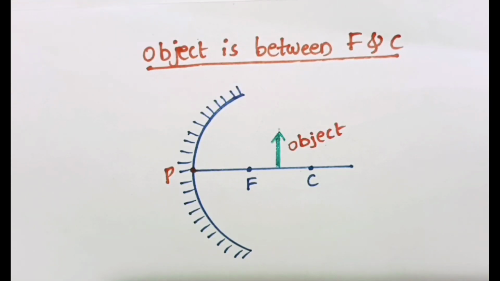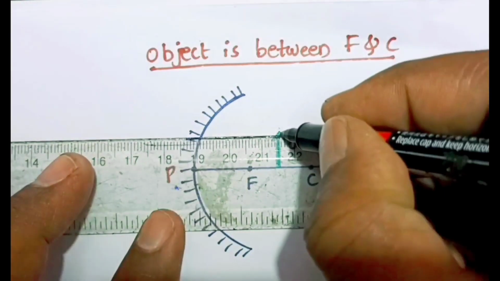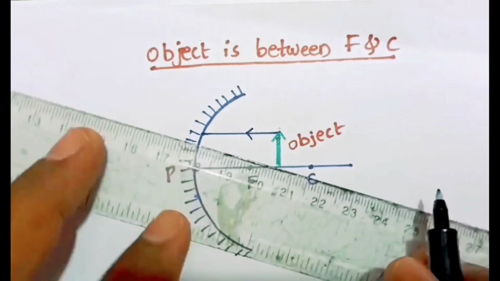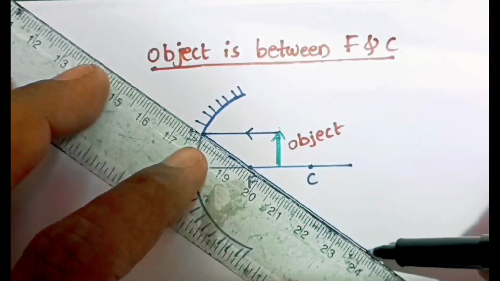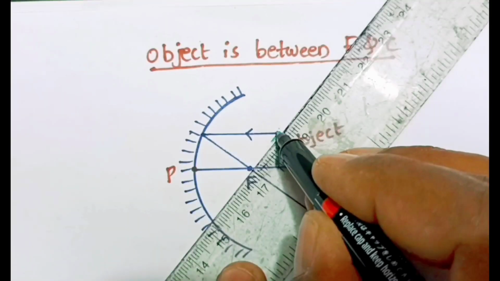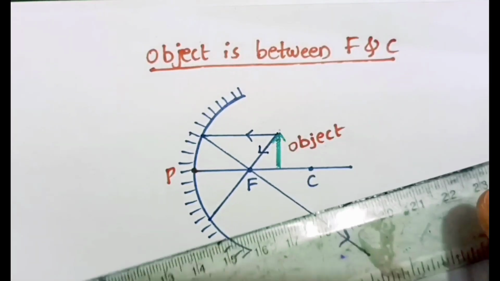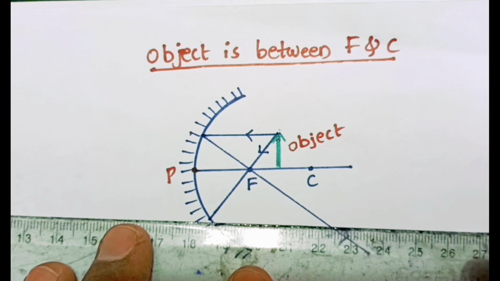If the object is between F and C, the first incident ray is parallel to the principal axis and it passes through the focus after reflection. Second incident ray is passing through the focus point and it becomes parallel to the principal axis after reflection.